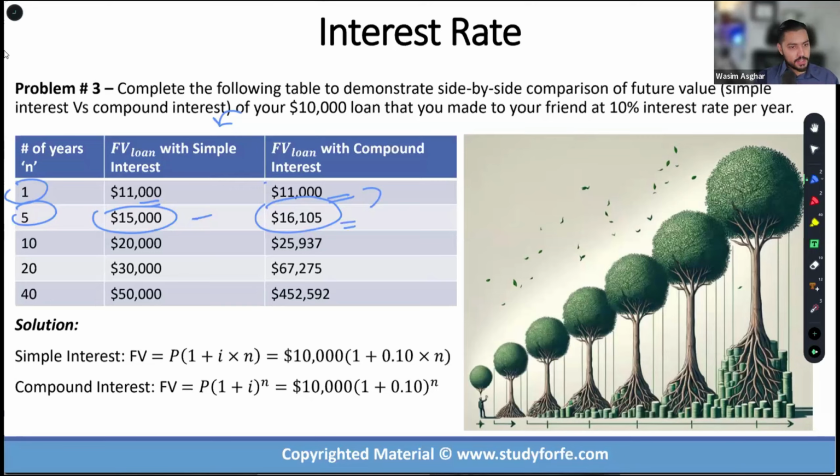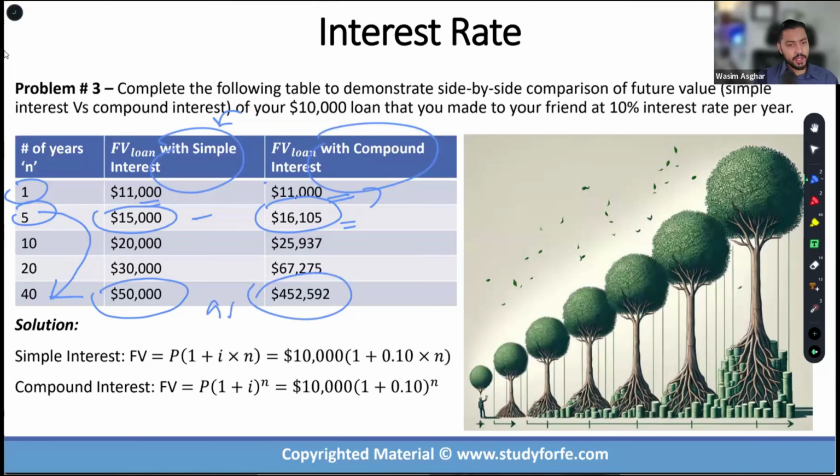If we extend this all the way to 40 years, 4 decades, this guy would have owed you only $50,000 with a simple interest rate. But with the compound interest rate, it would have been close to $500,000.